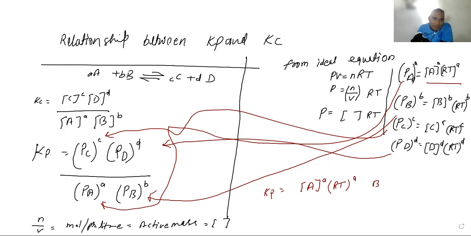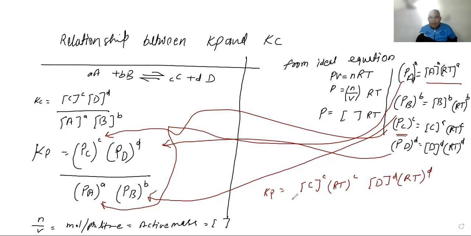Not A. Kp has PC, so we write C. Whatever is there, we need to write. C is on top, so we write that value: C to the power c and here RT to the power c. Then we write D to the power d and RT to the power d.